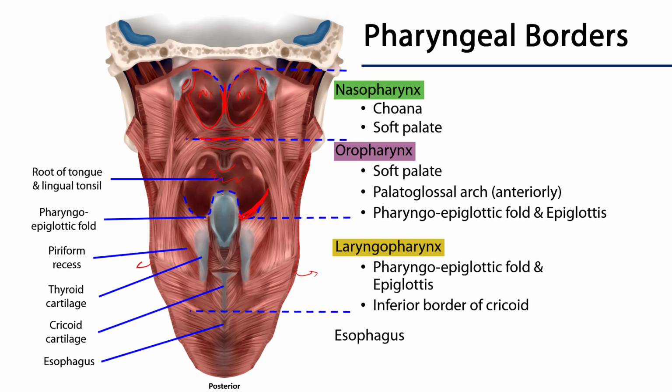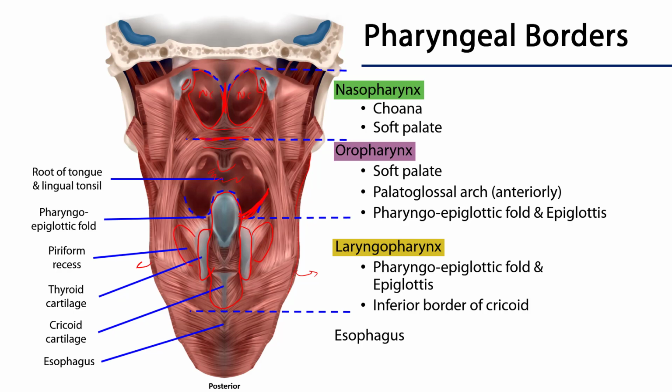We can see the larynx, so I'll outline the larynx for us here. That larynx would normally be invested with mucosa, but all of the mucosa has been stripped away. Oops, I should have gone wider to include the thyroid cartilage of the larynx there. And the piriform recesses that I was discussing are lateral to the larynx, there and there.